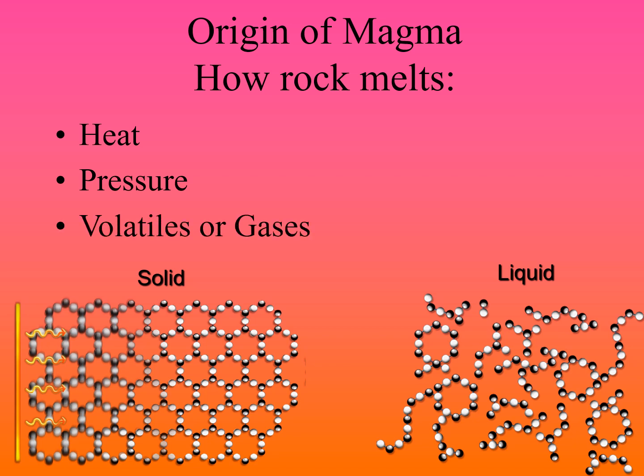And that's closely tied in with volatiles and gases that are in a rock or in a mantle product. Volatiles and gases tend to get in there and relieve pressure, right?